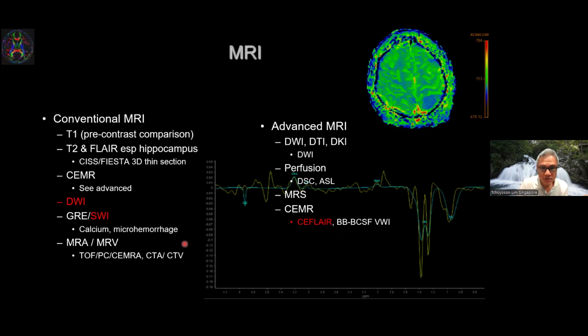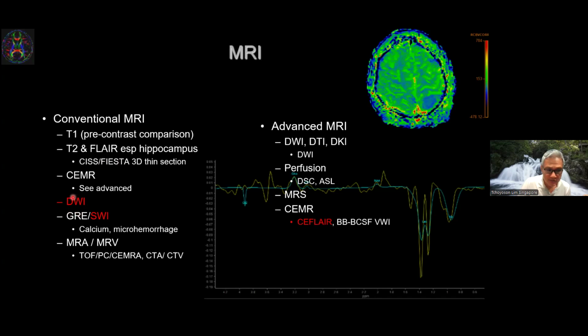Amongst the pulse sequences that we typically order for MRI include the T2 or the FLAIR and contrast-enhanced MR. Among the contrast-enhanced MR, the T1 weighted contrast-enhanced or the FLAIR after contrast are both acceptable.